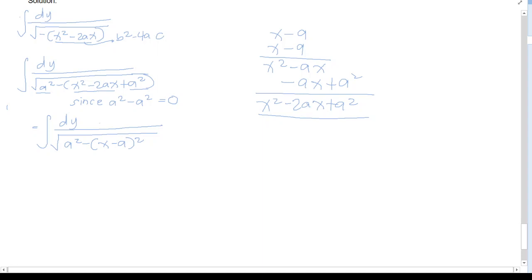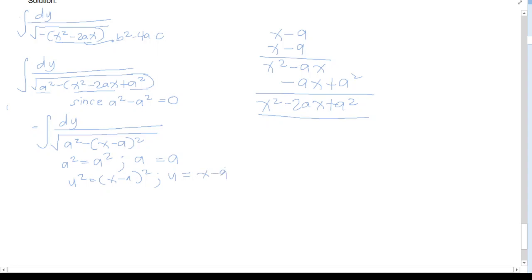And since we have that already, we have here a squared is equal to a squared. So the value of a is equal to a, and u squared is (x minus a) squared, so u is equal to x minus a.